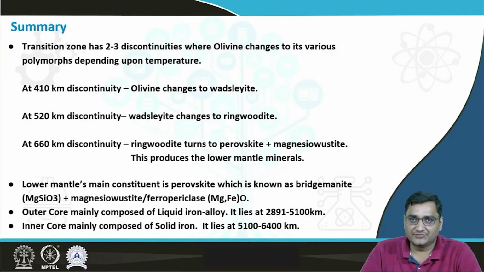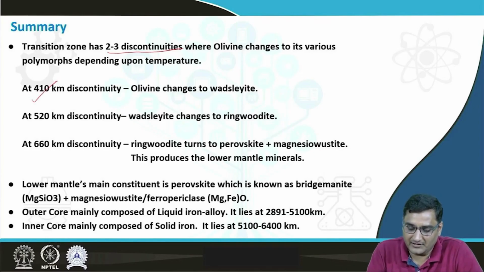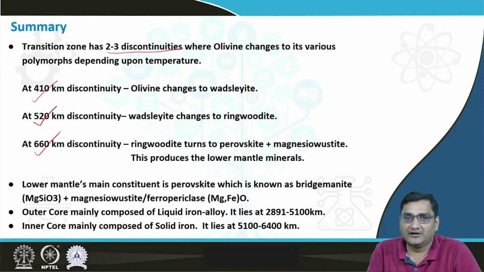The transition zone has 2 to 3 discontinuities. One is present at 410 kilometer, another at 520 kilometer, and the third one at around 660 kilometer. At these discontinuities, olivine changes to its various polymorphs depending upon temperature.